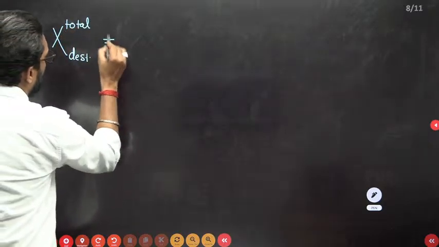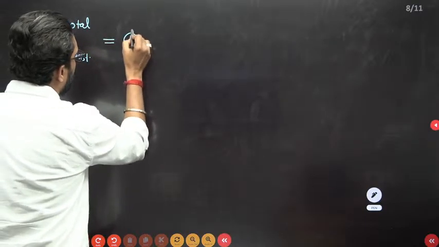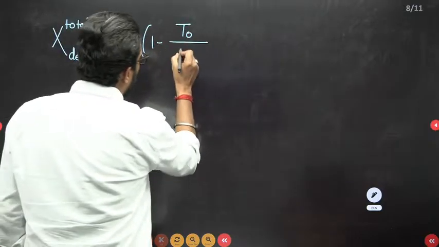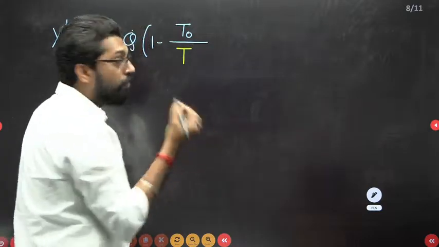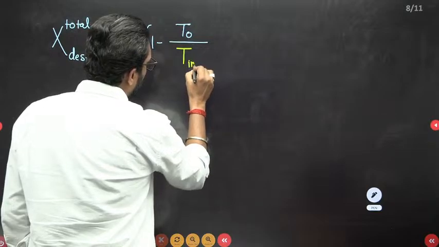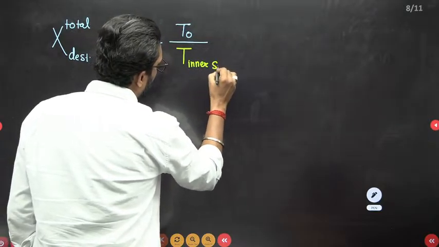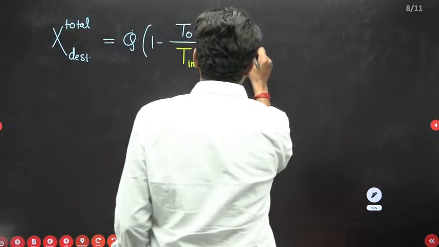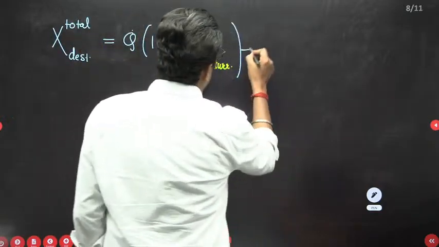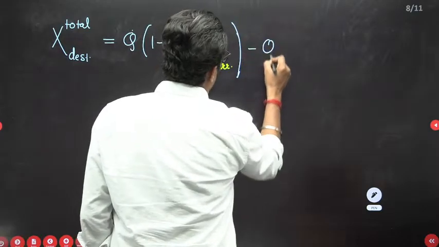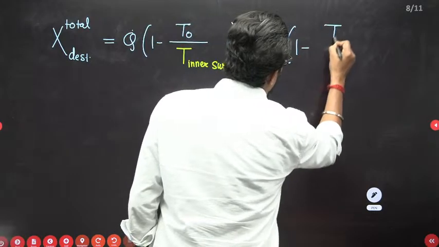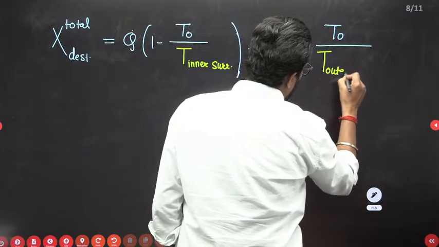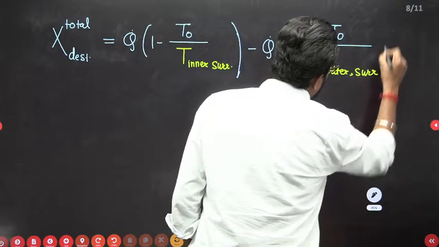For the total, we take heat transfer times 1 minus minimum temperature T naught divided by the temperature of the inner surrounding, minus heat transfer times 1 minus T naught divided by the temperature of the outer surrounding. Clear? This is the exergy transfer.